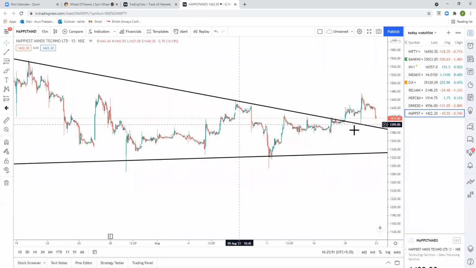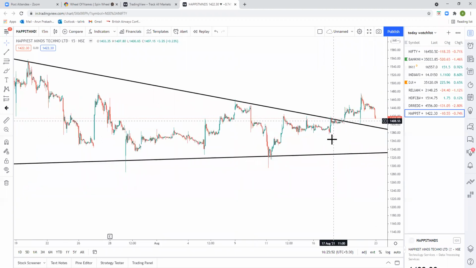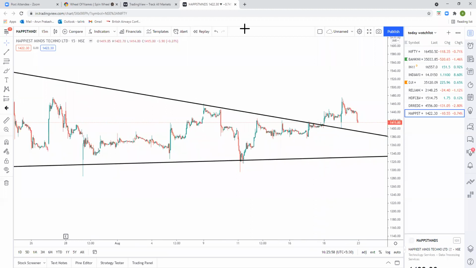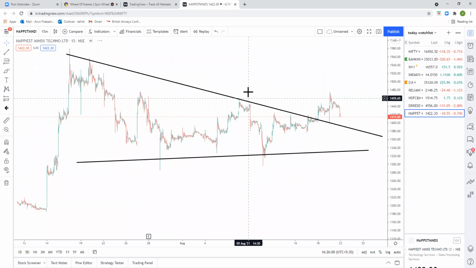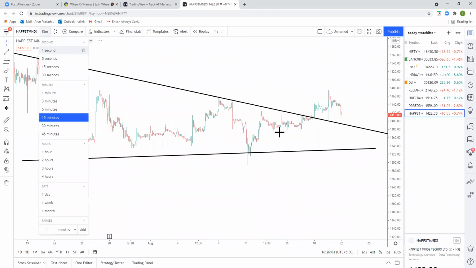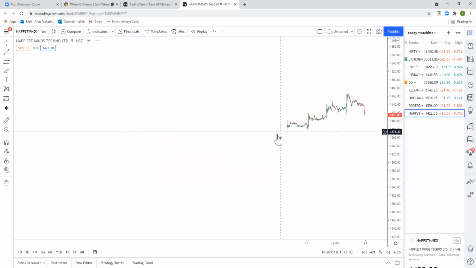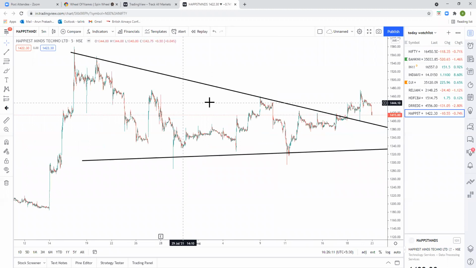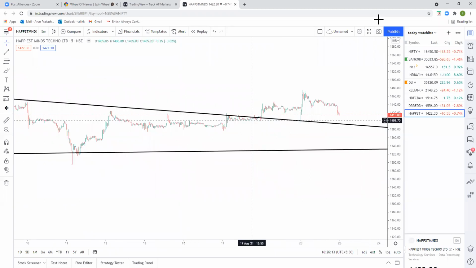So I can very well trade based on a 15-minute candle close here. Now I am also going to check the 5-minute time frame. Even 5-minute candles have not closed above this trend line.